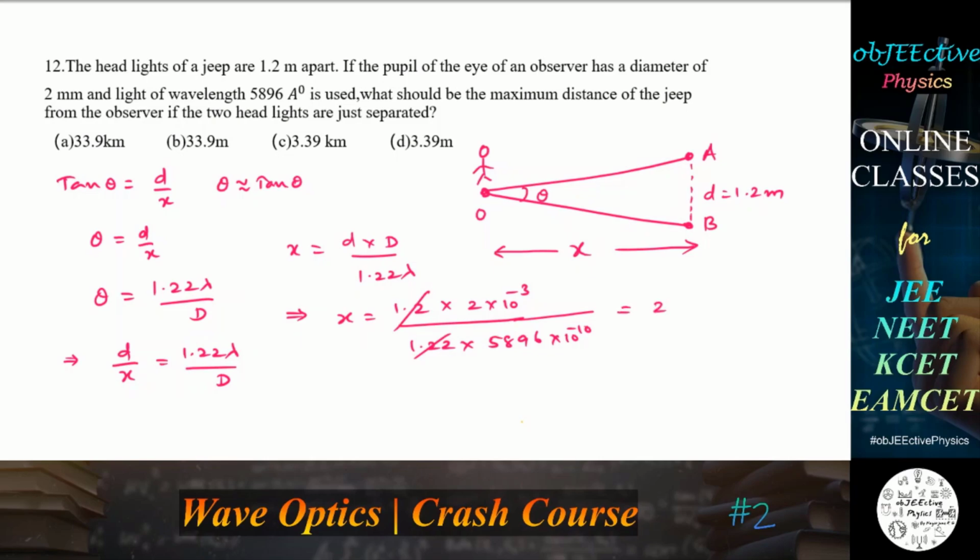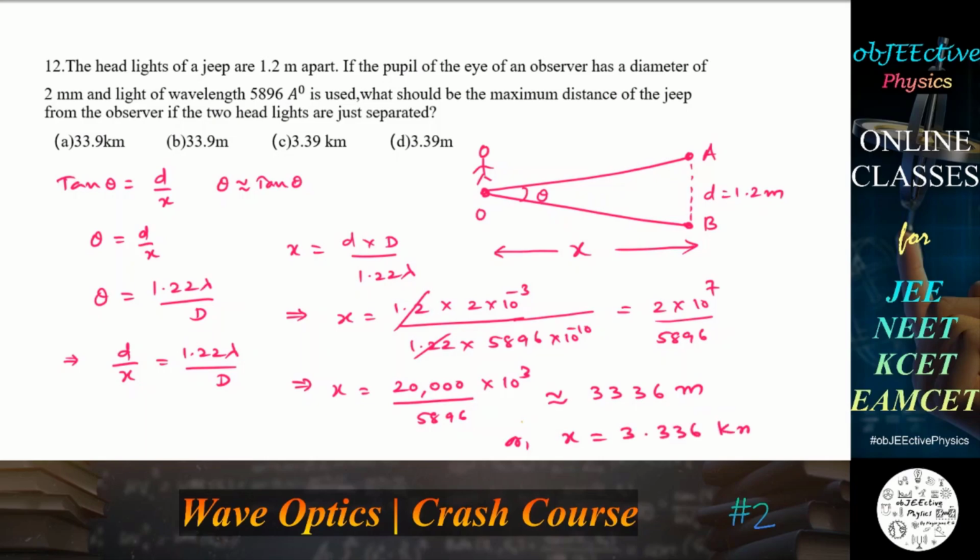So that is equal to 2 into 10 to the power of 7 divided by 5896, or that implies x is equal to say 20,000 into 10 cube divided by 5896. So it is approximately 3336 meters, or x is equal to 3.336 kilometers. So the nearest option is C is the right option.